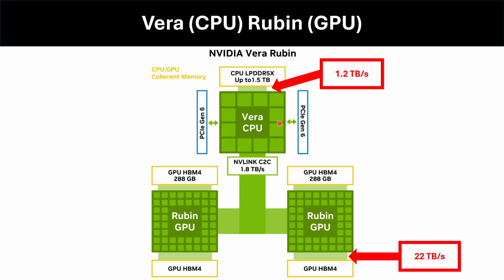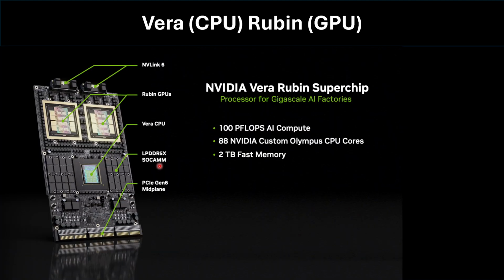The connection of the Vera CPU with the other devices, which can transfer some data and achieve data flow towards this CPU, is through PCIe Generation 6. We saw that there are two ports, I think, for the PCIe. We can go one slide back.